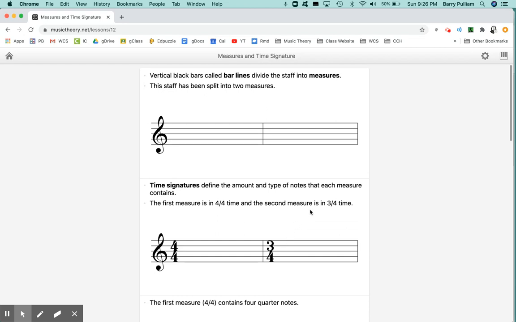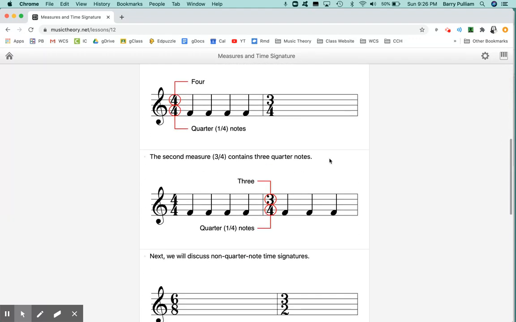I may say something like, a time signature that tells you there are 4 quarter notes in each measure would be 4/4. Quarter note gets a beat, and there are 4 of them. A time signature that has 3 quarter notes in each measure, quarter note gets a beat, and there are 3 of them, would be 3/4.